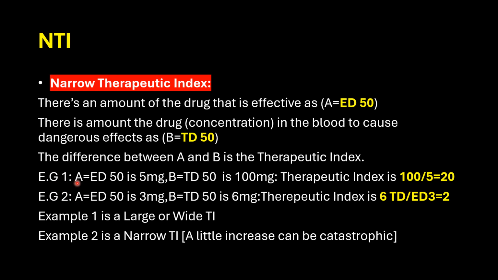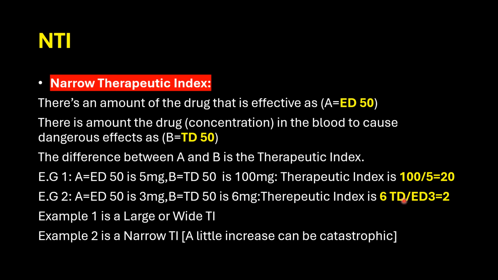Example 1. Effective dose in 50% of population is 5 milligram. I just formed it, okay? While the toxic dose in 50% of population is 100 milligram. The ratio will come down to 20. That is pretty large. While in example 2, the effective dose is 3 milligram, while the toxic dose is 6 milligram.